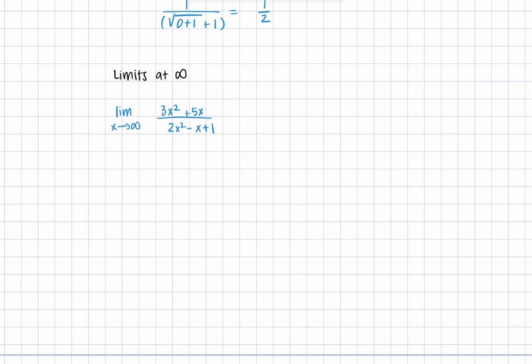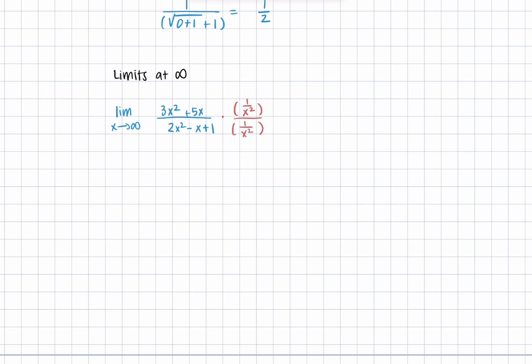You're going to first identify your highest degree, and that's x squared. It's on the numerator and the denominator. So all you're going to do is multiply the top and the bottom by 1 over x squared, because x squared is your highest degree.